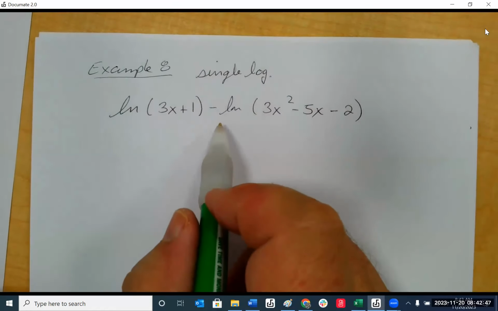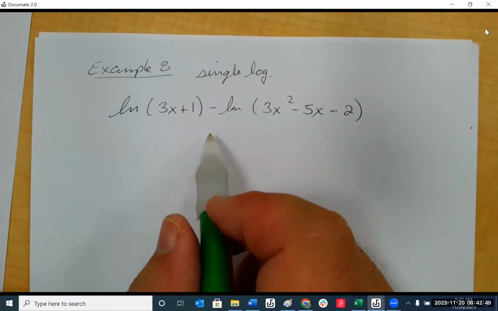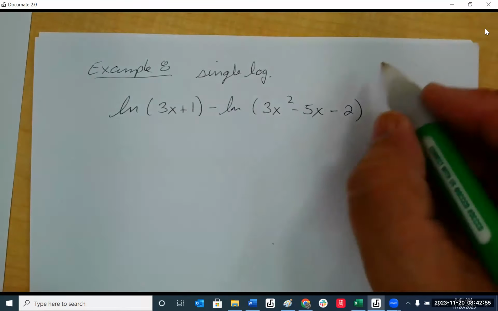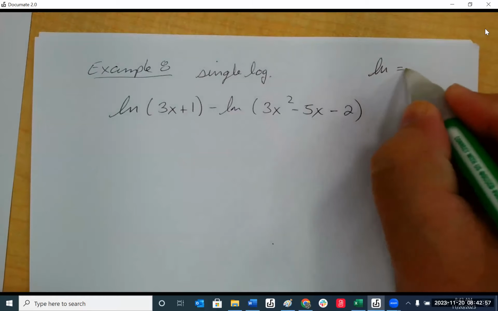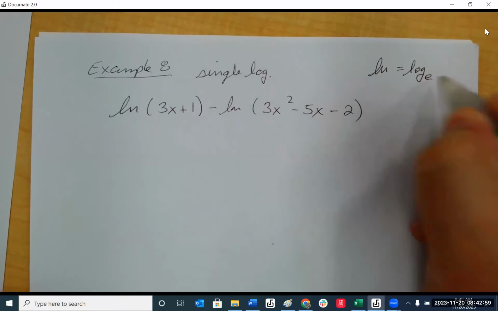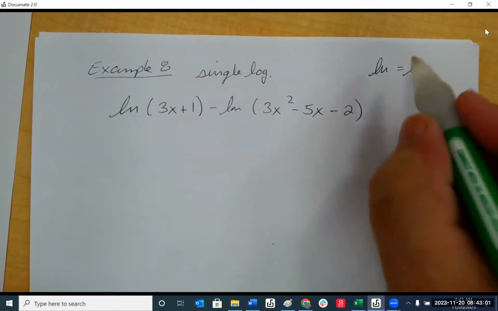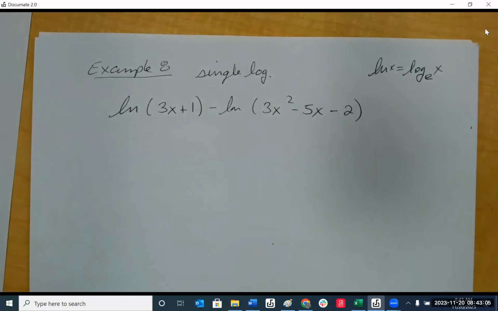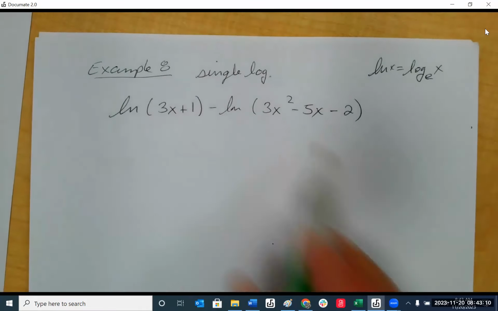What does ln mean? What base is that? So ln of x is log base e of x. It's a natural log. So what do we do with this one?